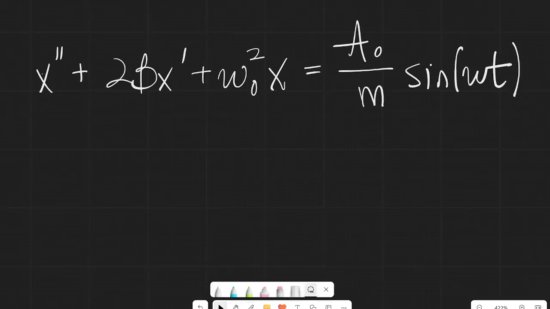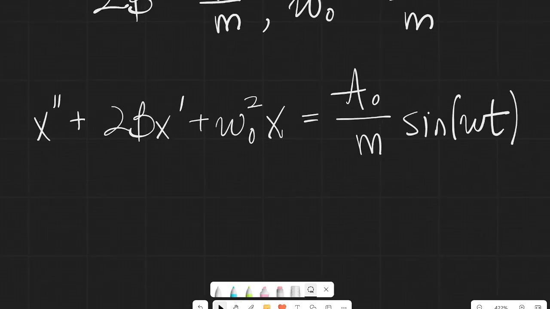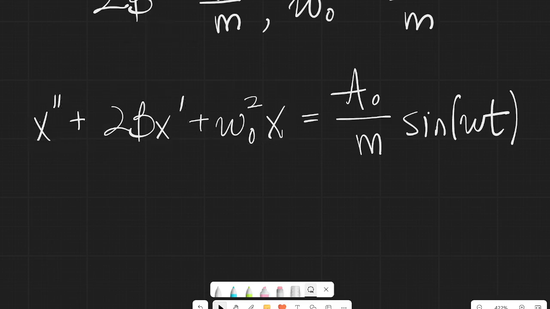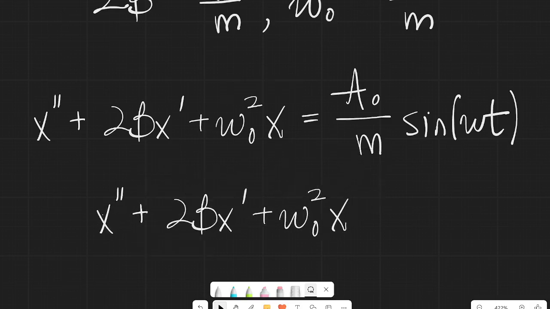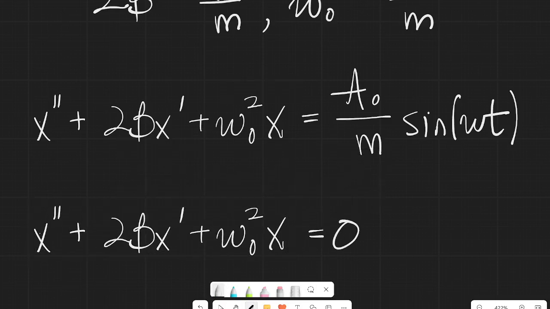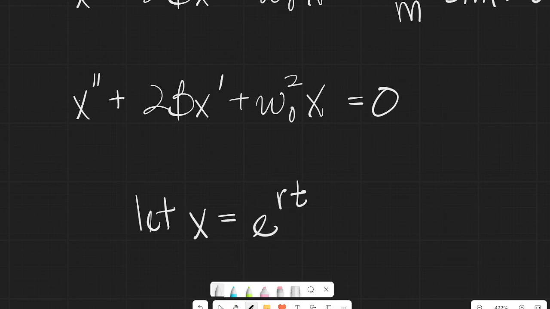For the homogeneous case, the forcing function is set equal to 0, and I will write a characteristic equation for this part of the solution. I can do this by letting x equal the exponential function of r times t.